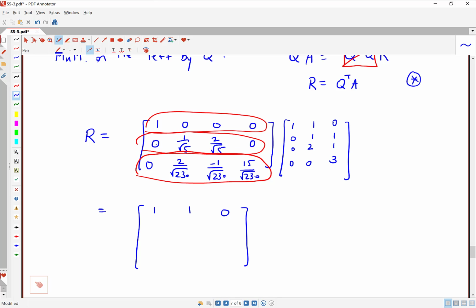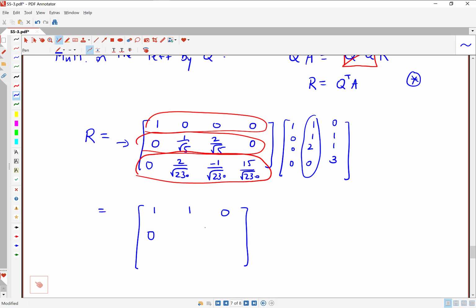For our second row dotted with the first column gives us 0. For the second row dotted with the second column, notice that all the entries in the second row are over root 5. So when I do this dot product, I'm just going to think about the numerators. I'm going to go 0 times 1 plus 1 times 1 plus 2 times 2 plus 0 times 0.